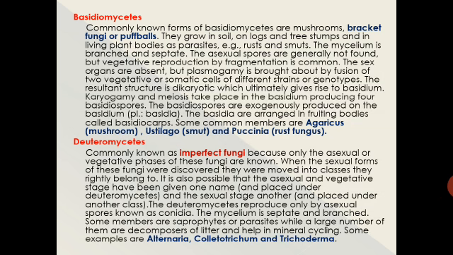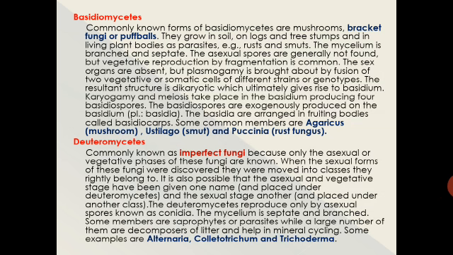Examples are rusts and smuts. The mycelium is branched and septate here. Asexual spores are generally not found, but vegetative reproduction by fragmentation is common.